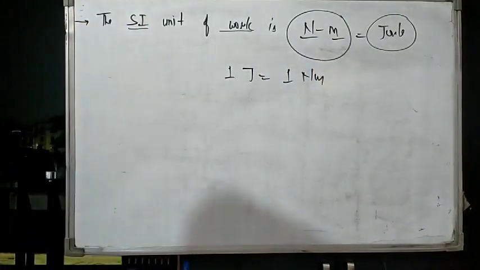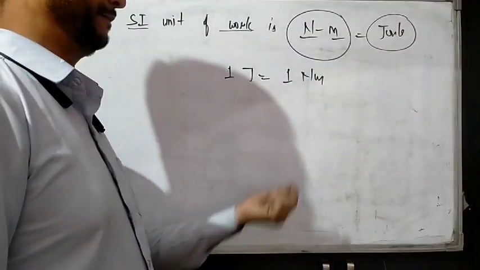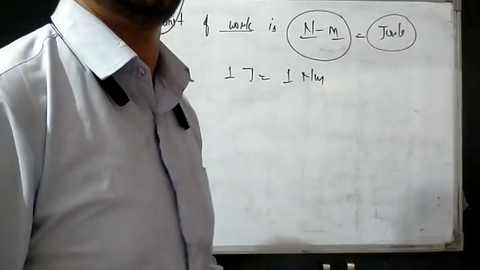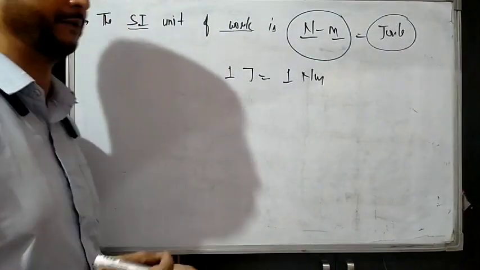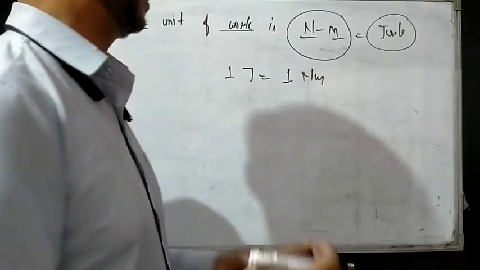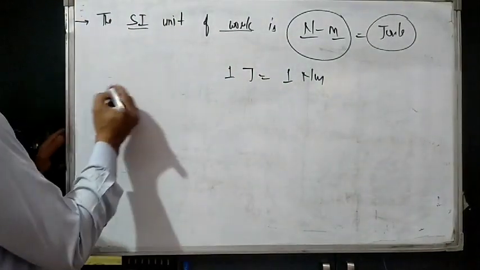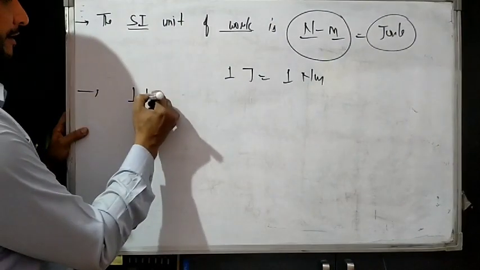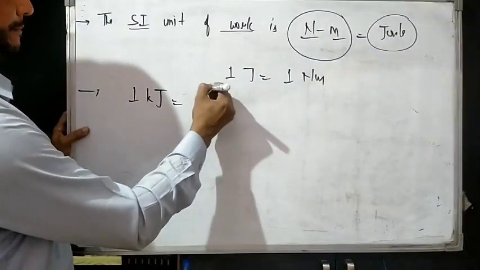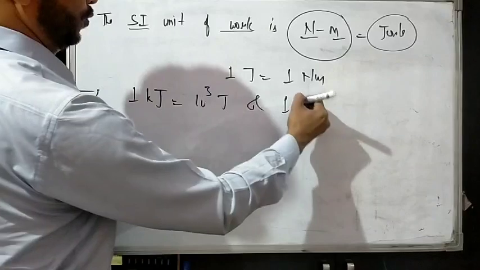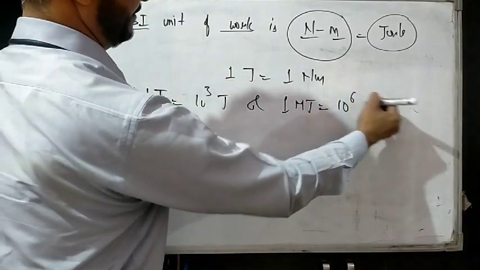You can simply define it: on the application of a force of 1 Newton, if a block moves through a distance of 1 meter, then work is said to be done by 1 Joule by the external agent. Another commonly used unit: 1 kilojoule is 10 to the power 3 joules and 1 megajoule is equal to 10 to the power 6 joules.